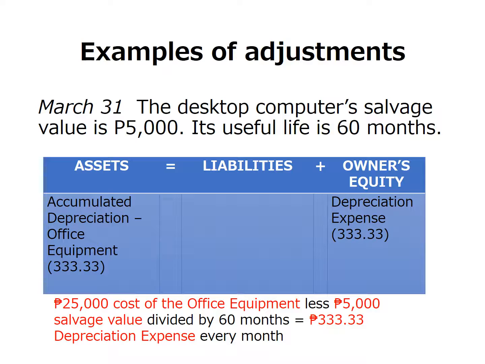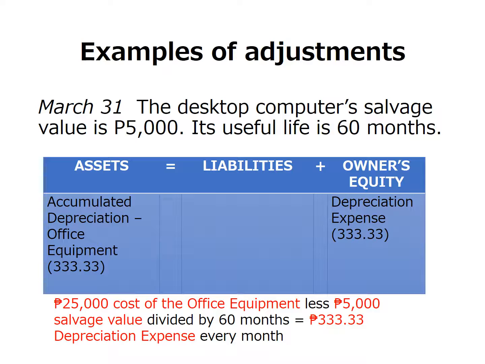Depreciation expense increased by 333 pesos and 33 centavos. But since in our analysis, we are going to relate the depreciation expense to owner's equity, that is why we have a negative amount, because an increase in depreciation expense will reduce or decrease owner's equity.